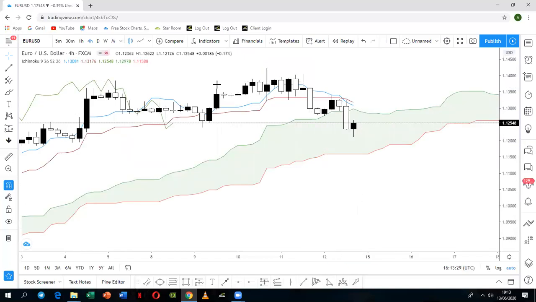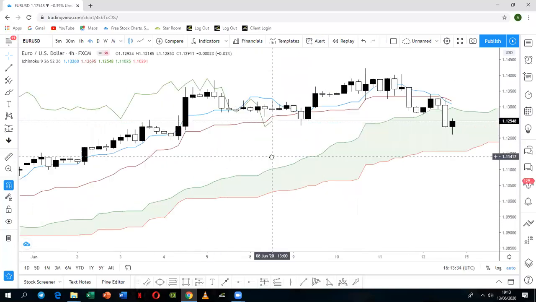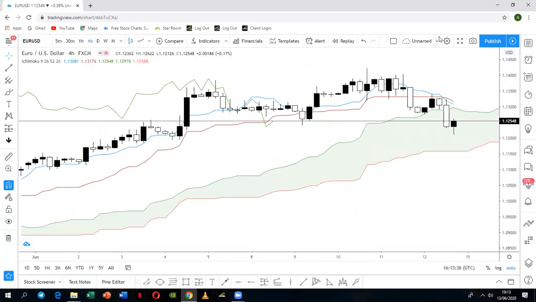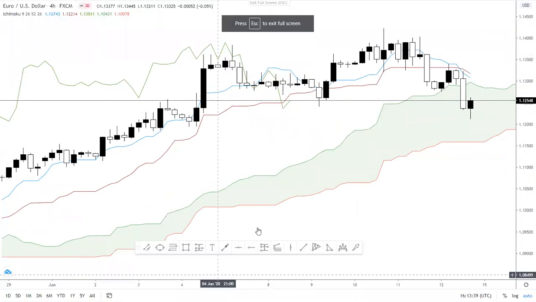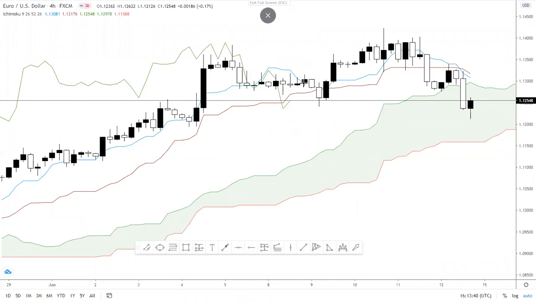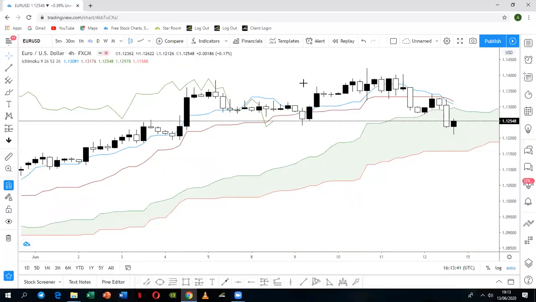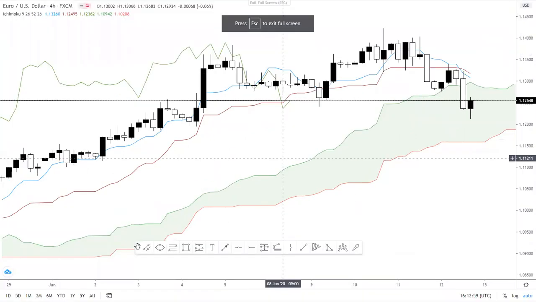When you select it, you'll find something like this. Let me zoom in. So you should have something like this.